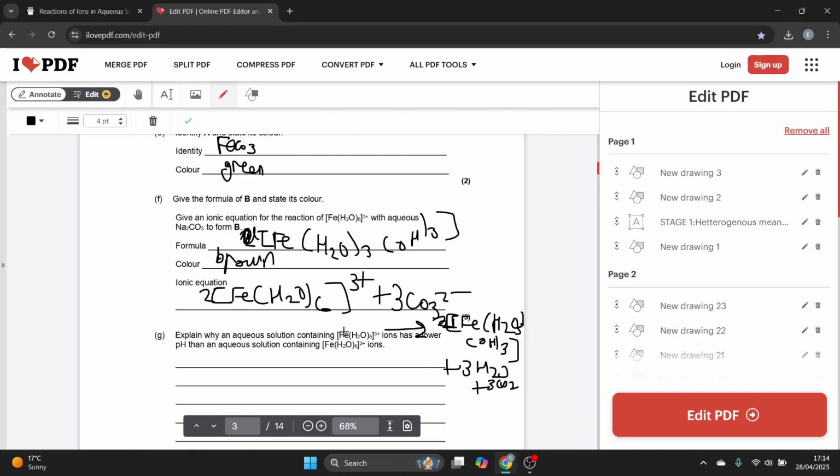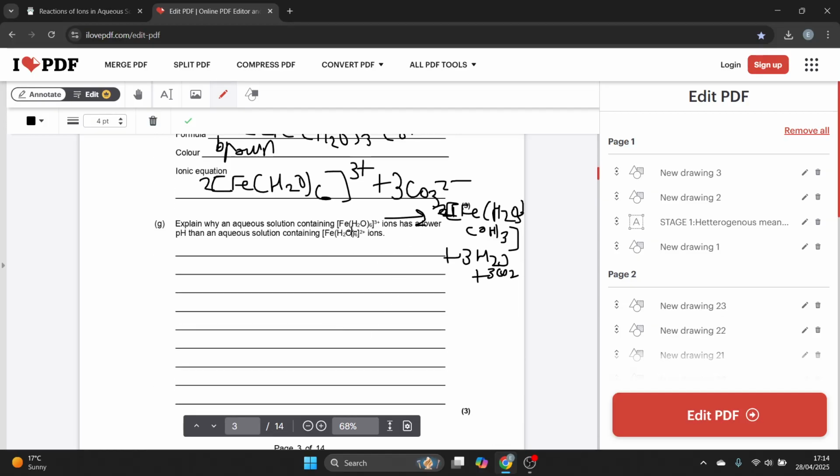Okay, and then it says explain why an aqueous solution containing these ions has a lower pH than an aqueous solution containing these ions. Well, the only thing that's changed is the charge. So 100%, I'm going to talk about the charge. But what else? Because it is 3 marks, I can't just talk about that.